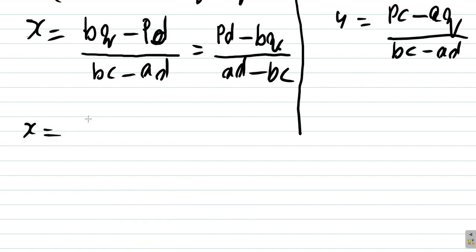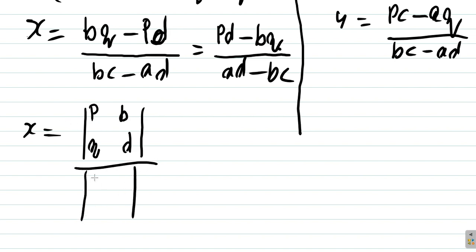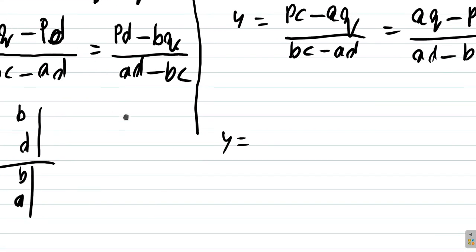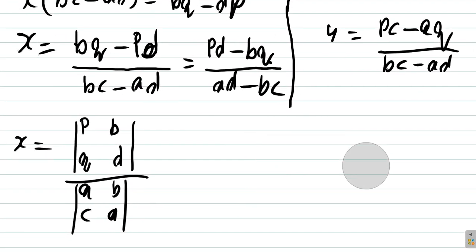So x would be pd minus bq over ad minus bc. And for y, we're going to write them down and then fix them up later on.